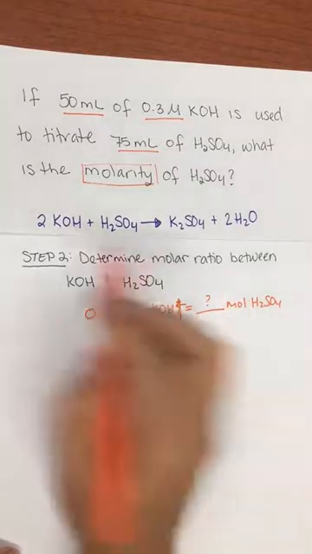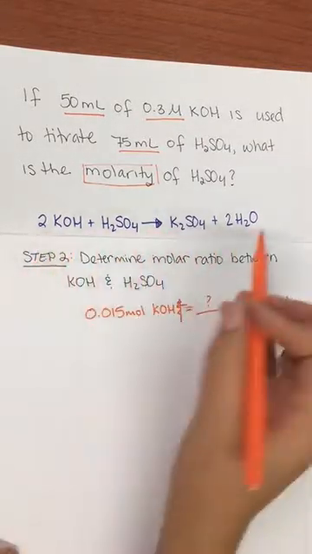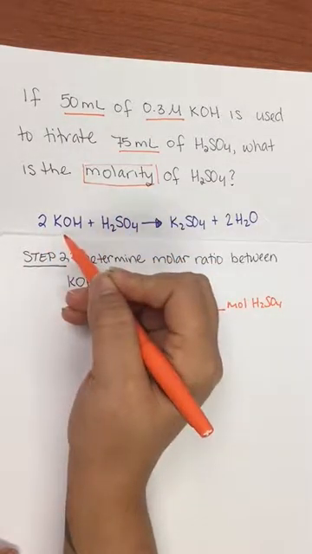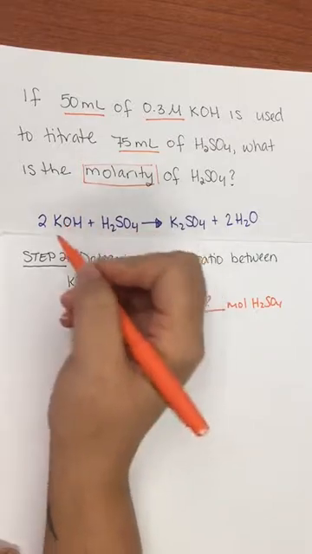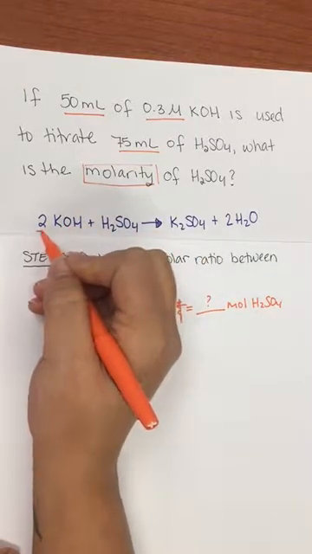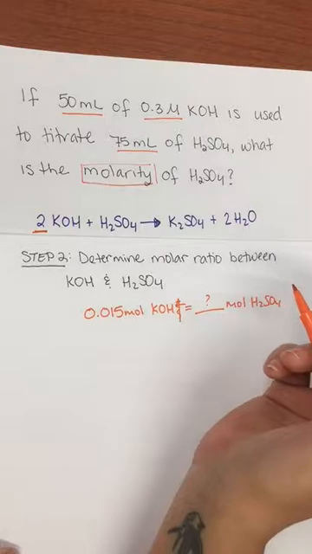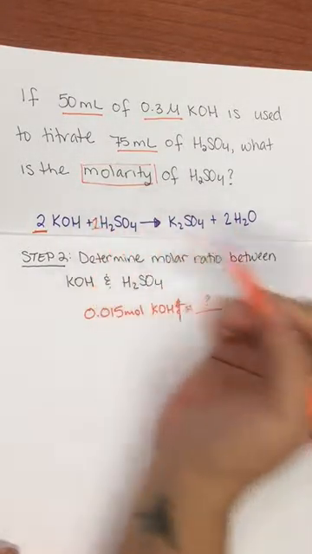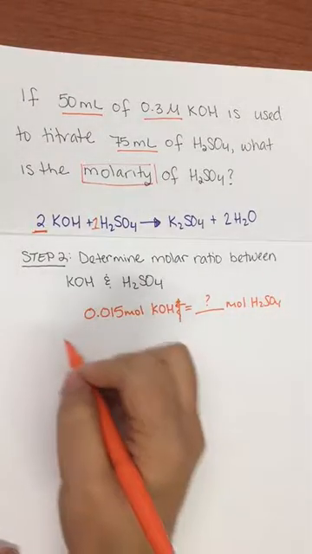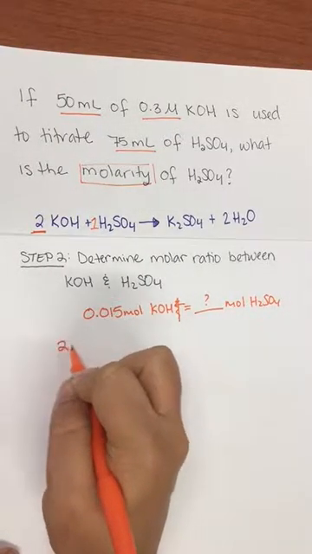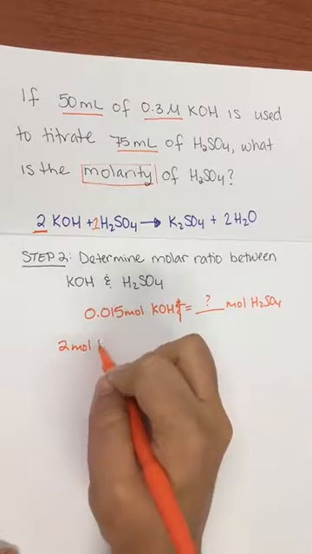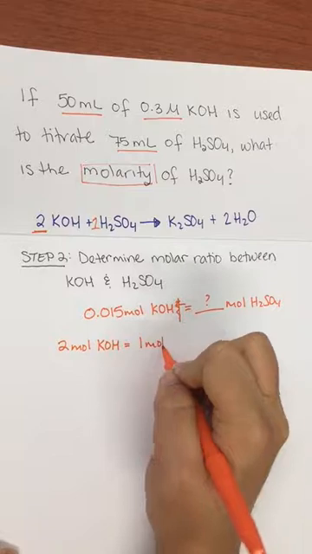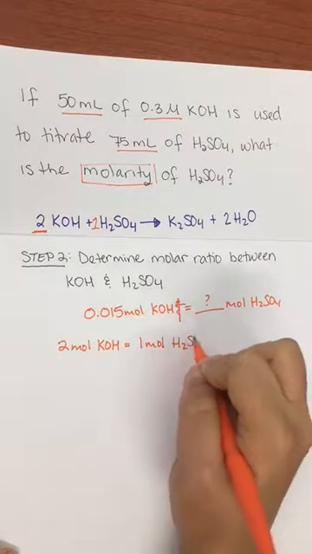So I need to look at my balanced equation and find my molar ratio. It doesn't matter that these are on the exact same side of the equation. I can still create a molar ratio by looking at the coefficients. I have a 2 in front of my KOH, and it's understood that there's a 1 for the H2SO4. So my molar ratio is 2 mole KOH equals 1 mole H2SO4.